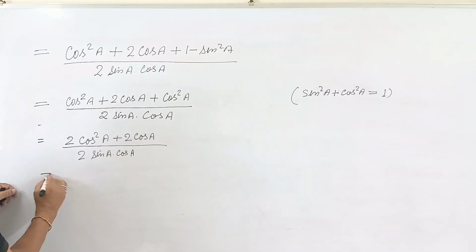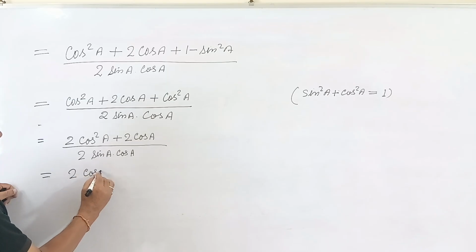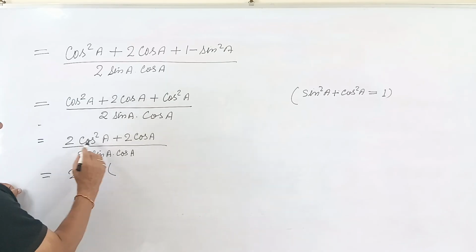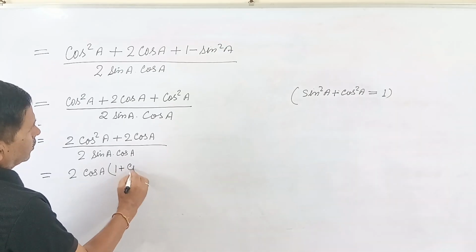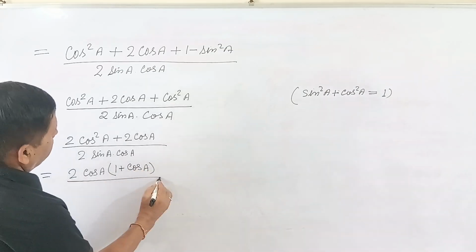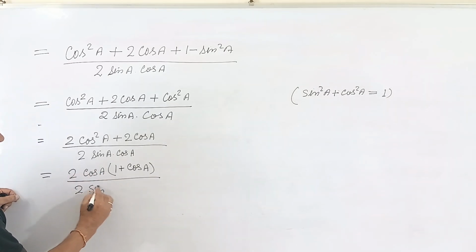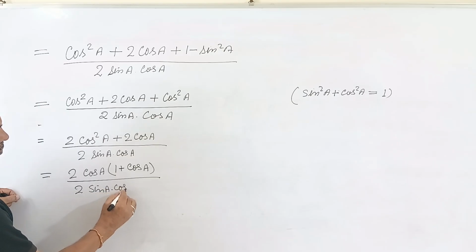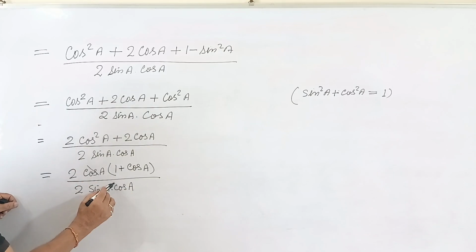Now this can be written as, I will take common 2 cos A. Then here I will get 1 plus cos A upon 2 sin A into cos A. So cos A cancels, 2 cancels.